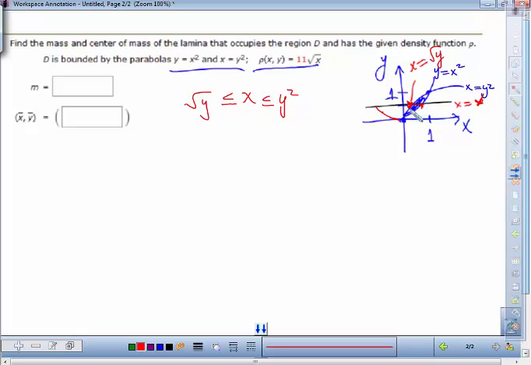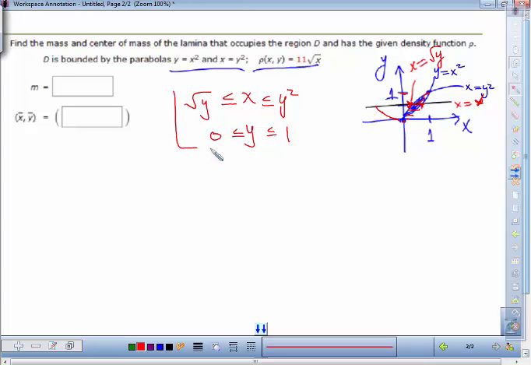So you make your slices starting when y is equal to 0, all the way up to y is equal to 1, with constant limits. Okay.